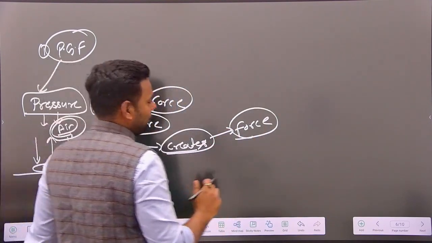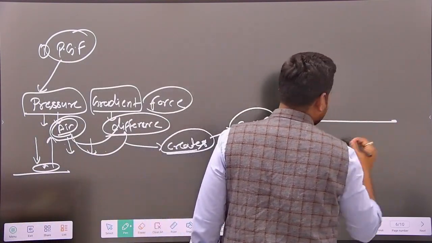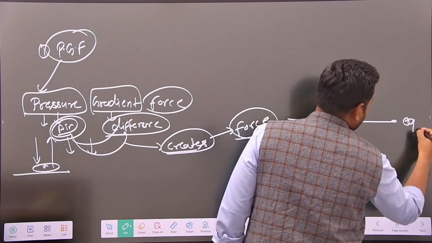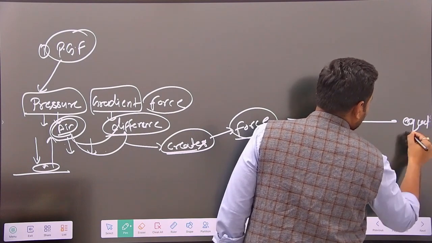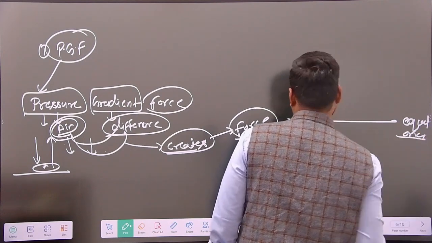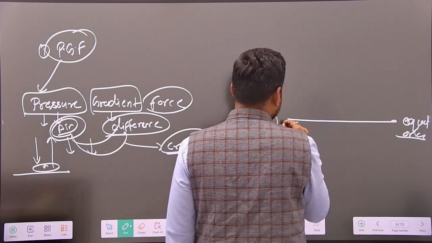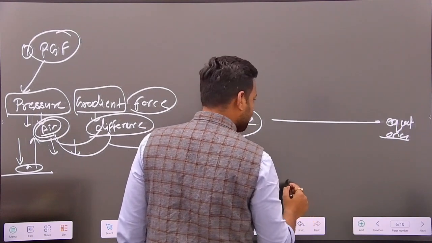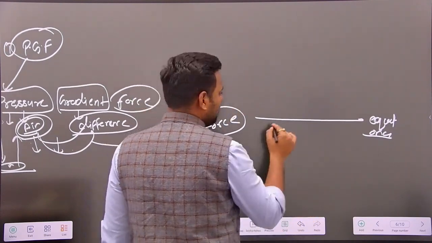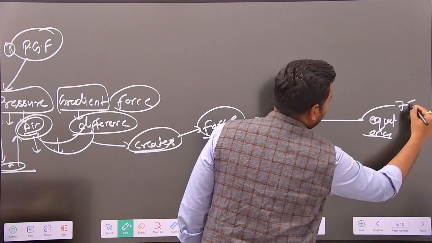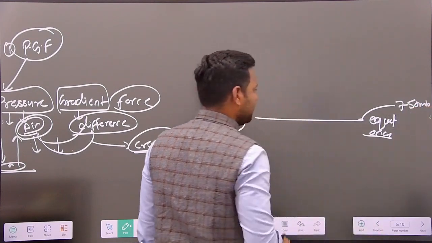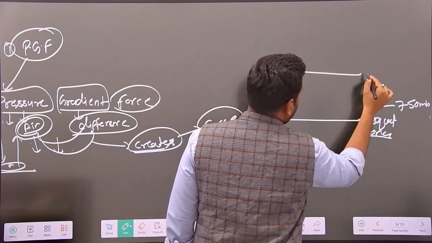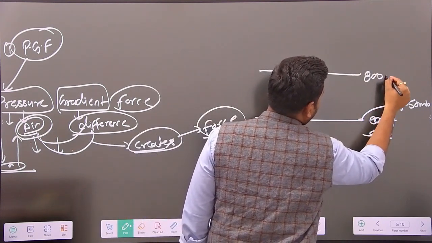I give you an example. Suppose in the equatorial area, near the low latitudes, there is a low pressure, say the pressure is 750 millibar, because pressure is always measured in millibar, and elsewhere the pressure is 800 millibar.